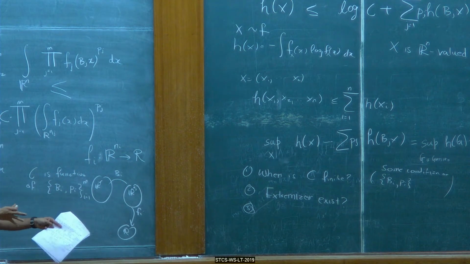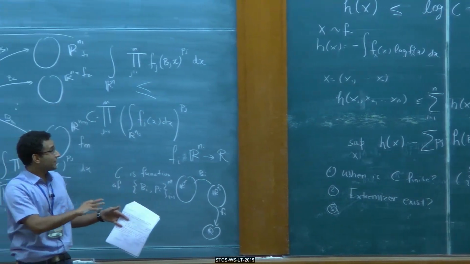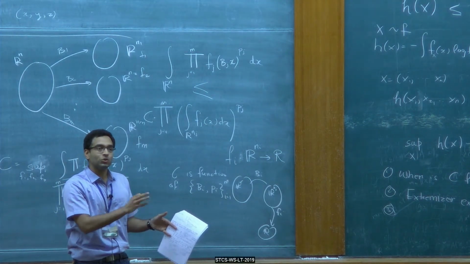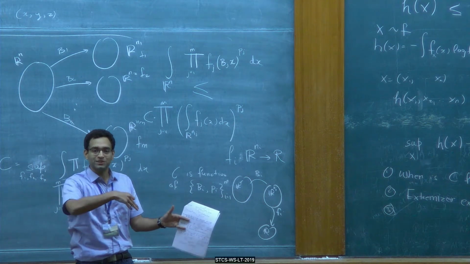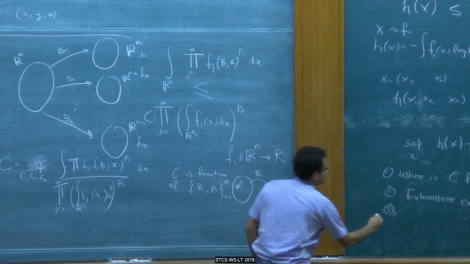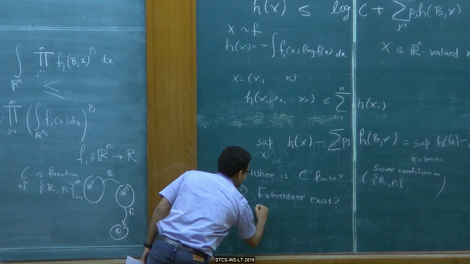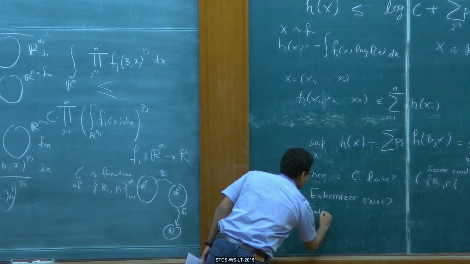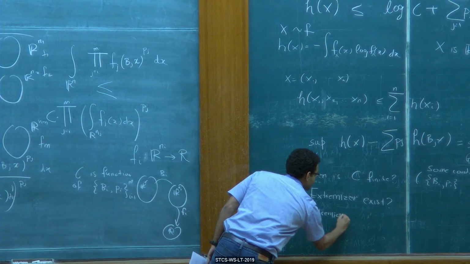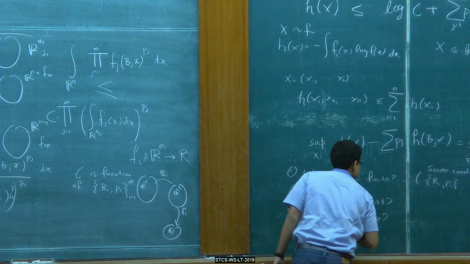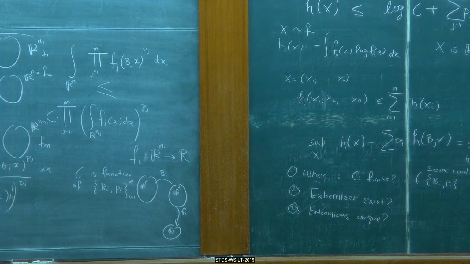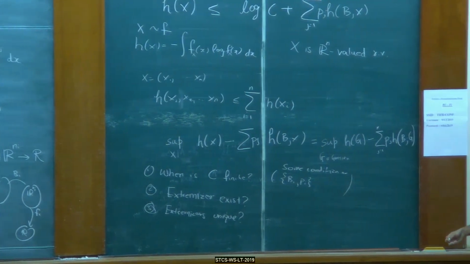Like, are they only Gaussian extremizers? Because the theorem is not saying that Gaussians are the only optimizer. It's saying it's enough to look at Gaussians, but maybe there are non-Gaussians who also give the same value C. Okay, so the third is, are extremizers unique in some sense? And the uniqueness of extremizers is not obvious.